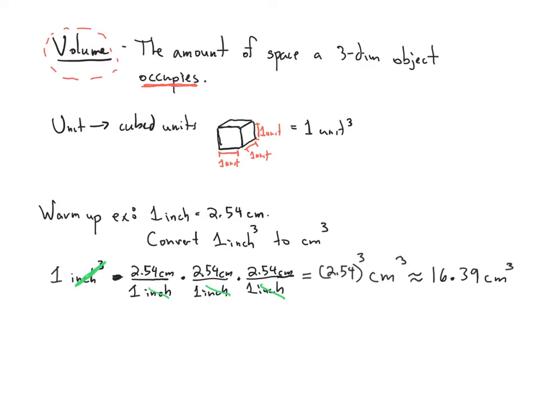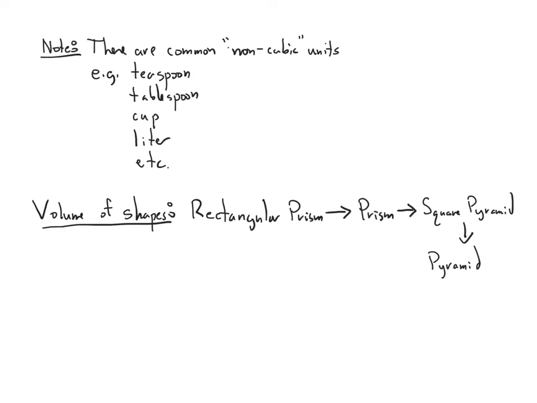Okay, let's move on now. So just a little quick note here. Sometimes people talk about volume in other units. So they won't say things like centimeters cubed or inches cubed or meters cubed or whatever. They won't talk about lengths cubed. They'll talk about some other things like teaspoons or tablespoons or cups or even liters.